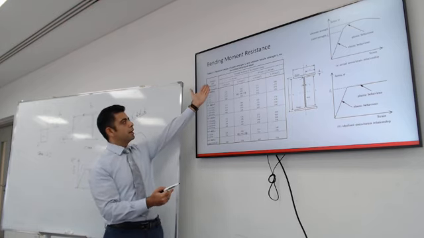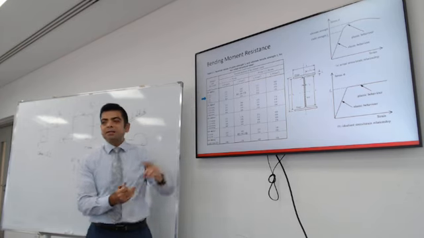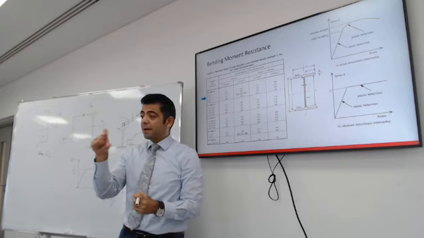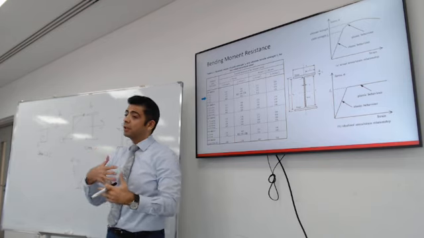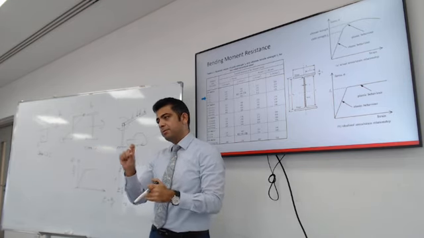So here is the standard or steel grade. Steel grade is like when you order the parts for the structure, you will specify what is the steel grade. There are different types of steel. Some types of steel are stronger than others, and we give them names.